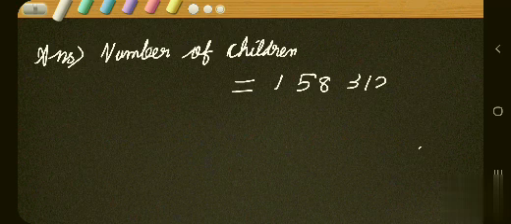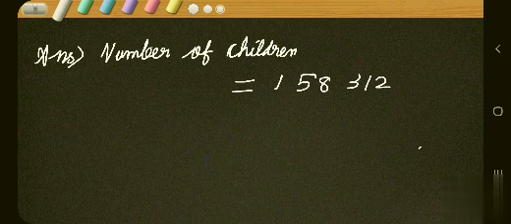Okay, first step, number of children. What is the number of children? It is given in the question. It is equal to 1,58,312, isn't it?